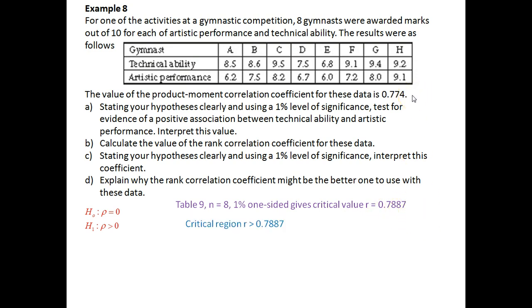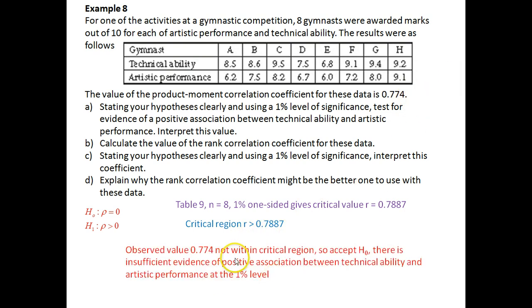So our critical region is greater than that. Our value is not within this critical region, it is below that. So we say that there is insufficient evidence of a positive association between technical ability and artistic performance at the 1% level.